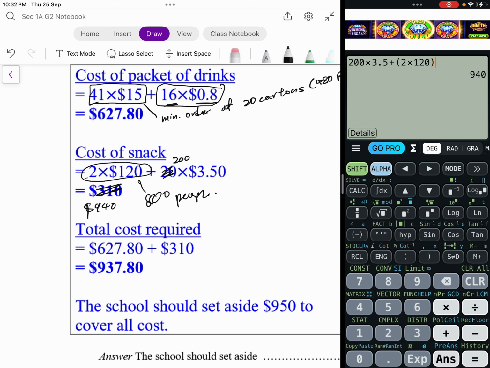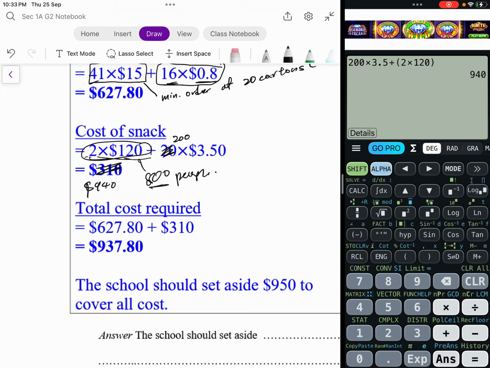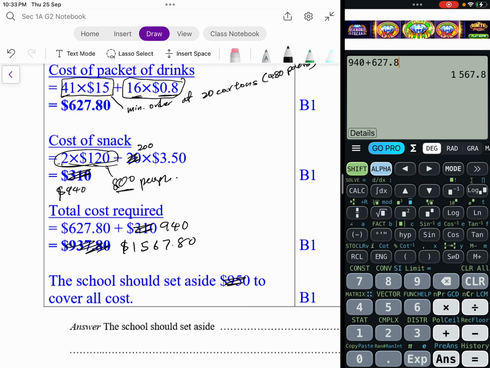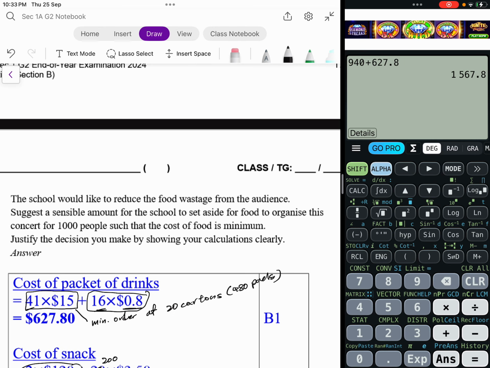Because this one is only for 800 people, because one 120 is for 400. So add together should be 940. So this one should be 940 plus 627.8, 1567.80. Okay, so the school should actually set aside 1567.80.